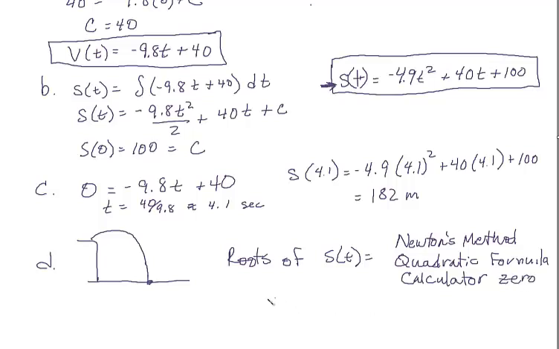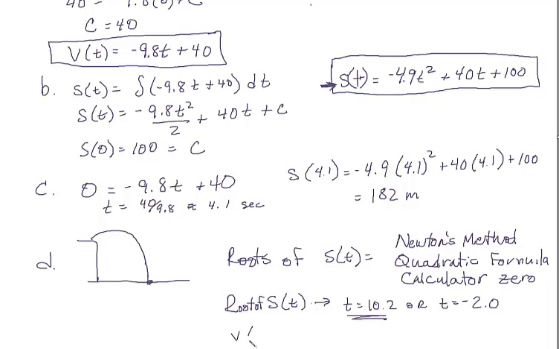I'm going to get that the root of s of t happens in two places, of course, because this is a quadratic, so I get it at t equal to 10.2 or t equal to negative 2.0. I'm going to choose this one, 10.2, because it's the only one that's reasonable, and that's the time that it hits the water.